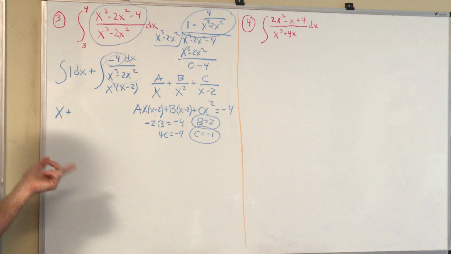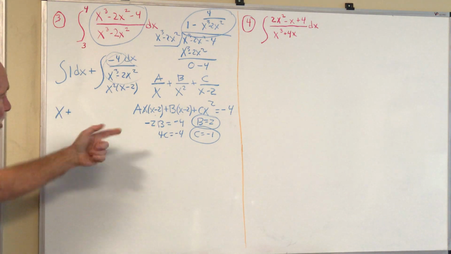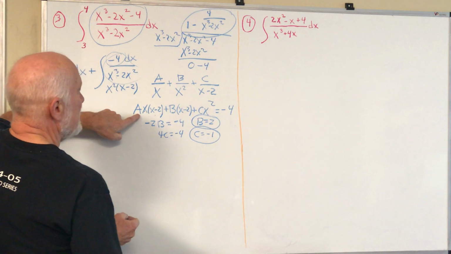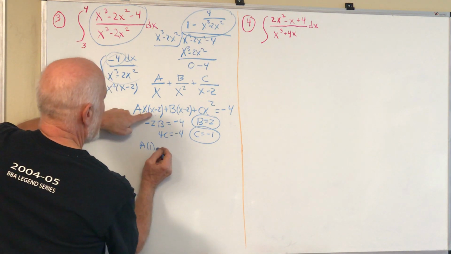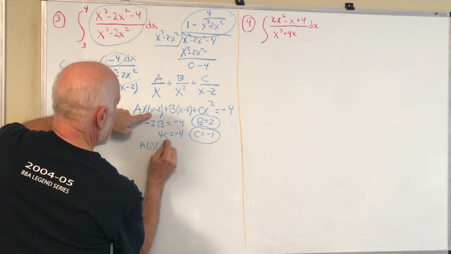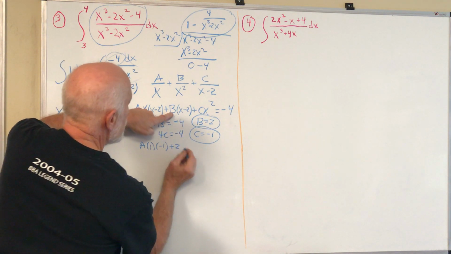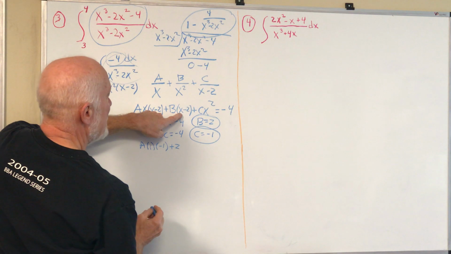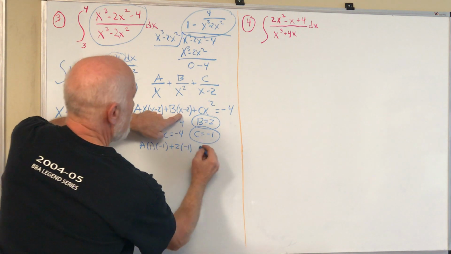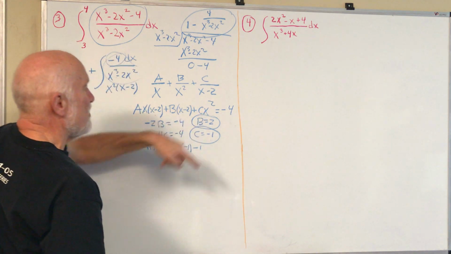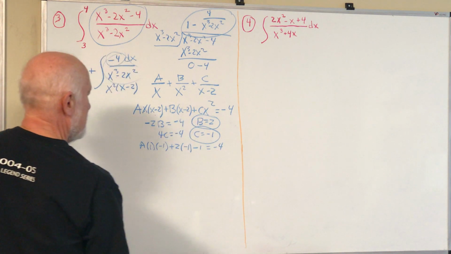Well, the easiest value of x to plug in there would be 1, since we've already used 0. So let's plug 1 in here. So we get A times 1 minus 2, plus B, which now we know is 2, times 1 minus 2, plus C, which now we know is negative 1, times 1 squared equals negative 4.